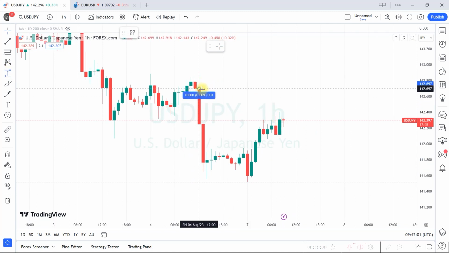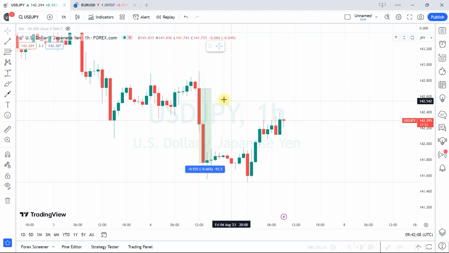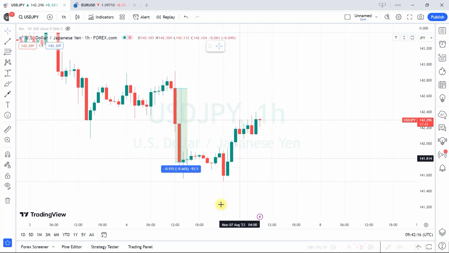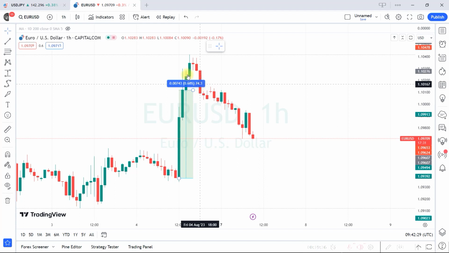This is the open, down to the close, from 12 p.m. GMT to the close of 1300 hours GMT. This move here is negative 93 pips. Of course, because this is the opposite currency, let's just call that 93 pips. 93 pips here and 74.3 pips here.